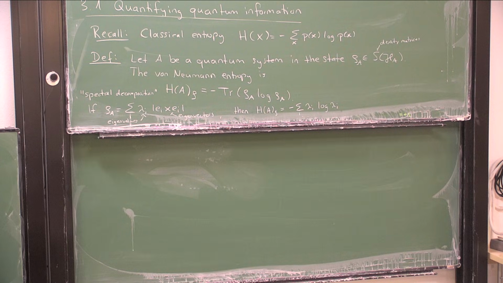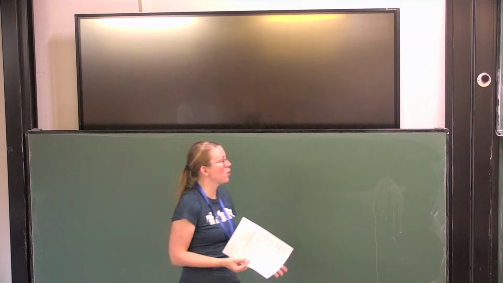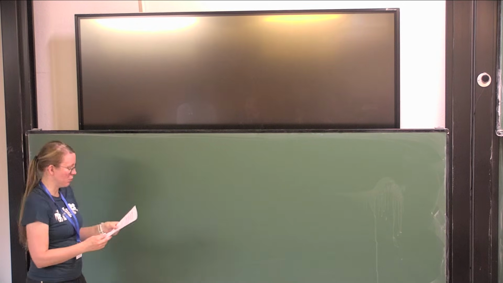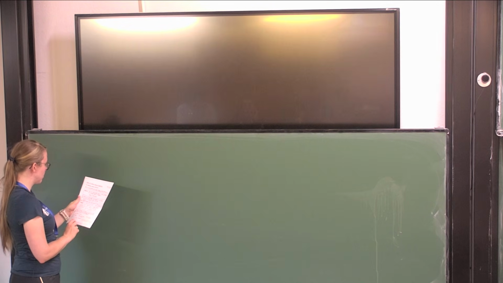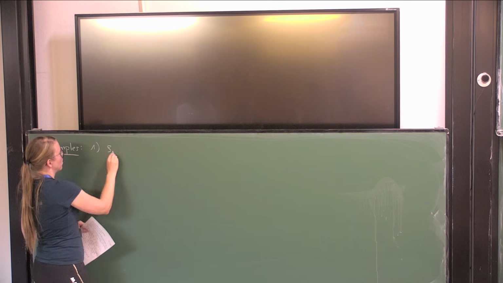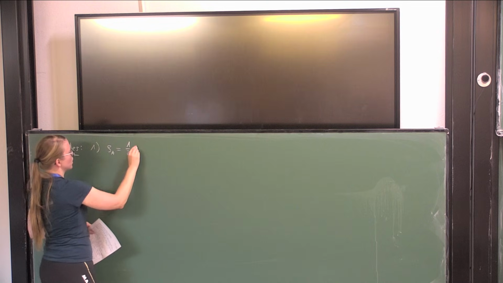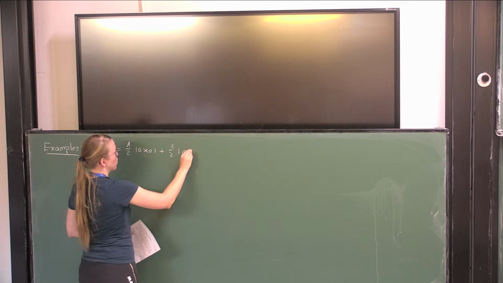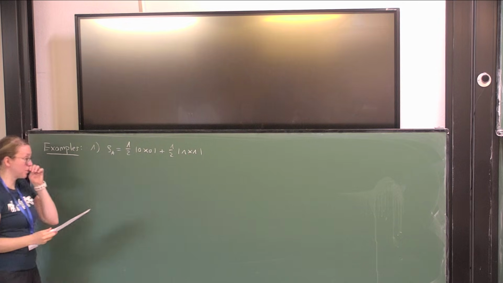So let's investigate in which cases we actually have positive entropy. Where does our uncertainty about quantum systems come from? Here are some examples. Suppose we have a state 1/2 of 0 plus 1/2 times 1.